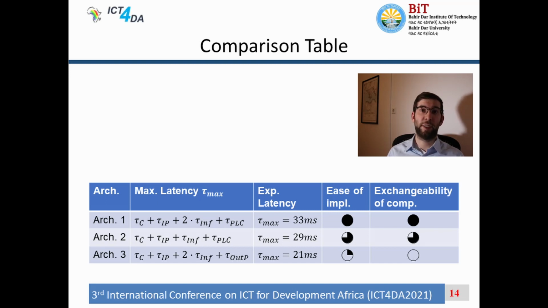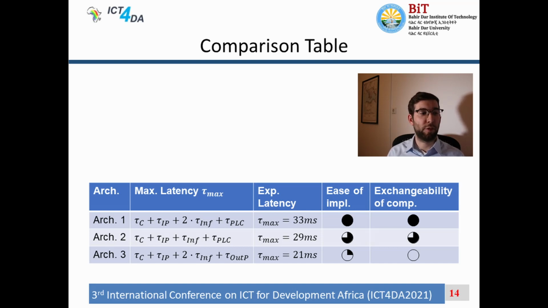The difference in maximum latency between the architectures is as follows. Between architecture 1 and 2, there's a difference of tau_inf, which basically comes down to the asynchronous manner of architecture 1 between the image preprocessing and the inference.